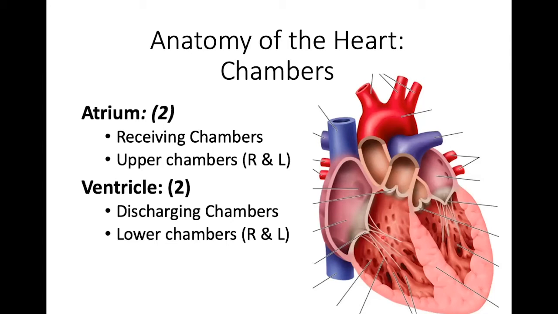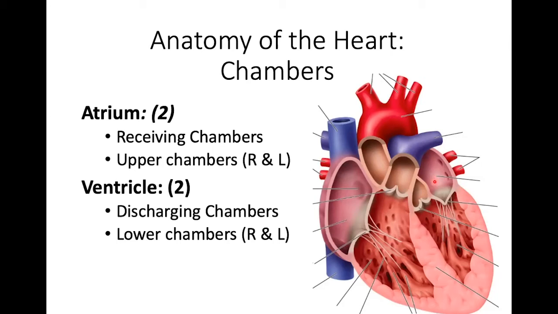So we have the upper chambers, the atria, the right and the left, and then you have the right and the left ventricles. Now, the atria are known as the receiving chambers because they are going to be receiving blood either from the body, if we're looking at the right atrium, or from the lungs, if we're looking at the left atrium.